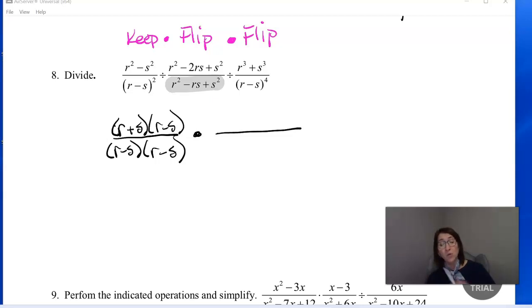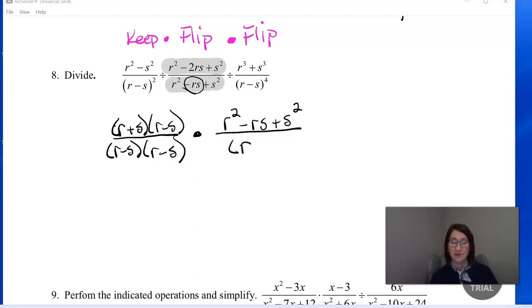That would look like a perfect square, except I can tell that the middle term needs a 2, so it's not correct. So that's prime. So r squared minus rs plus s squared. Now, that numerator of that same rational expression is a perfect square. So that's going to be r minus s squared.